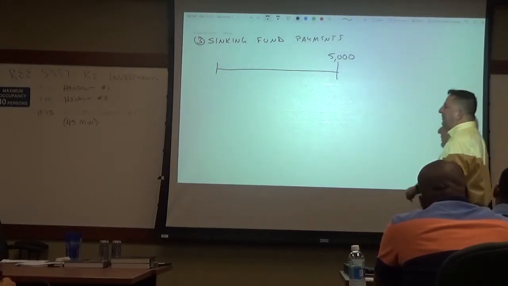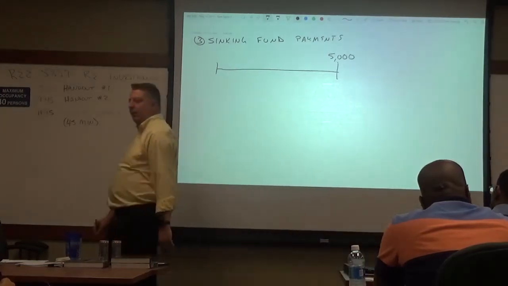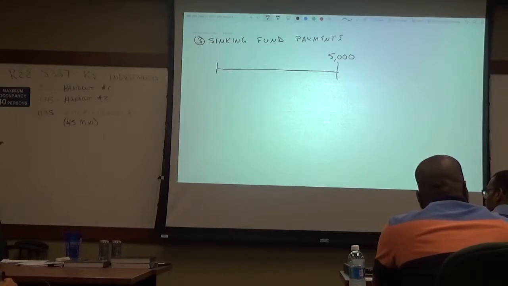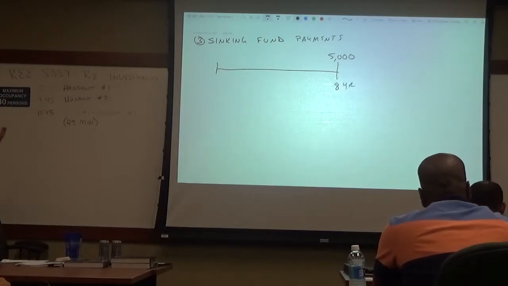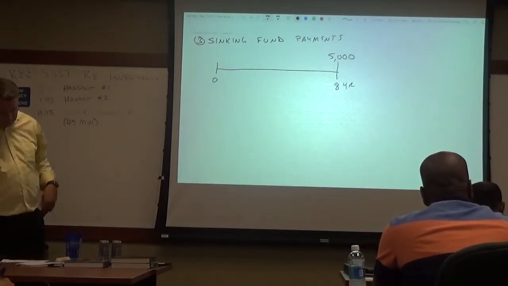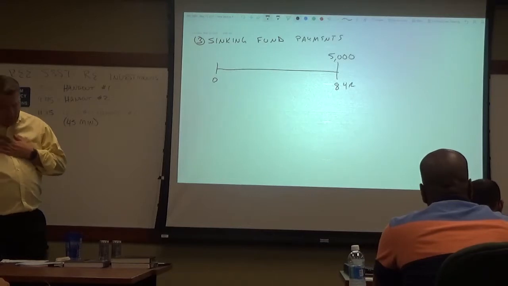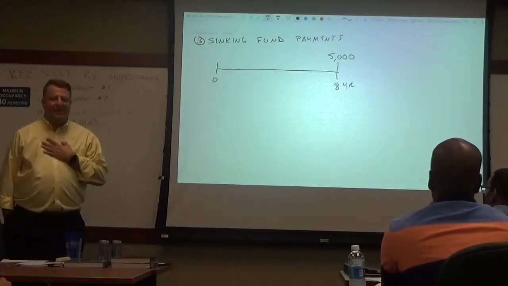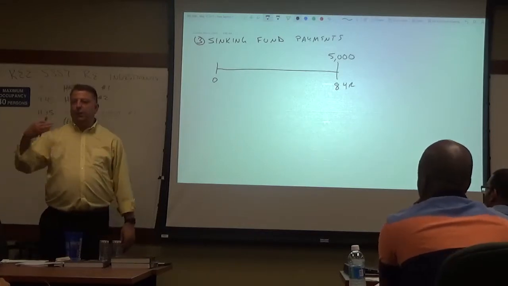All right, so we need $5,000 in our bank account at the end of some period of time. Okay, what period of time are we talking about? How many years or months? 8 years. 8 years, okay? All right, and we'll make that annual as well. Now, the question is, how much of a payment would we have to set aside each year?